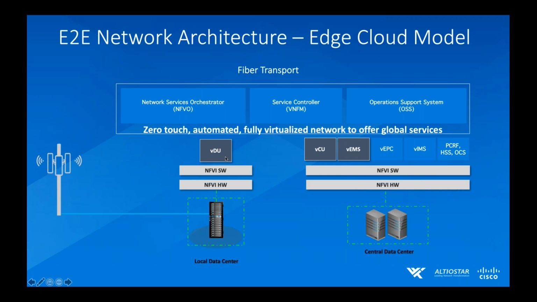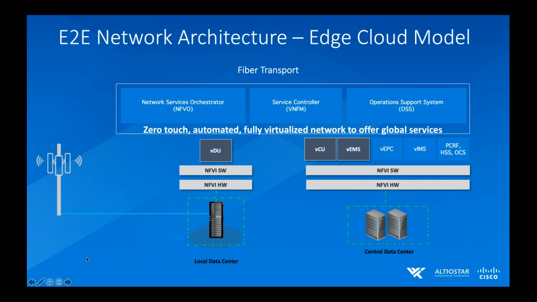A VDU is typically called a distributed unit, which is very transport sensitive, and typically this is deployed at a far edge data center or at a cell site. In this slide, what I have demonstrated here is this VDU at a far edge data center.